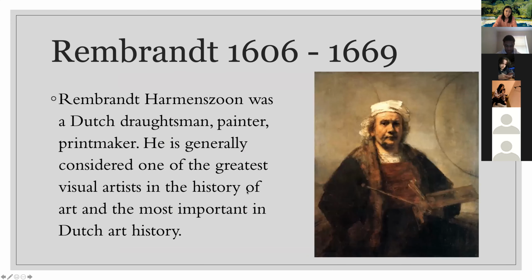Let's move on to the next Baroque artist, Rembrandt. Rembrandt was a Dutch draftsman, painter, and printmaker, and he is generally considered one of the greatest visual artists in the history of art and the most important in Dutch art history.